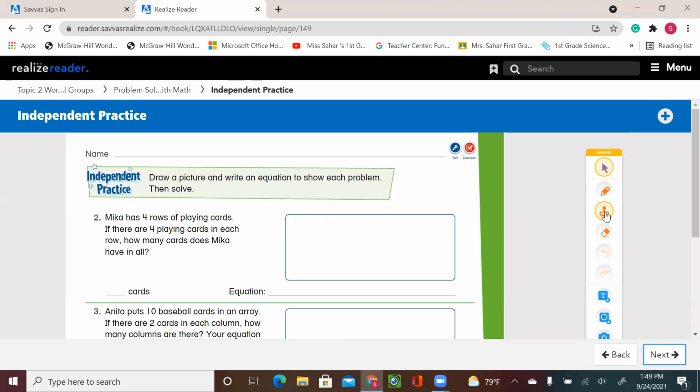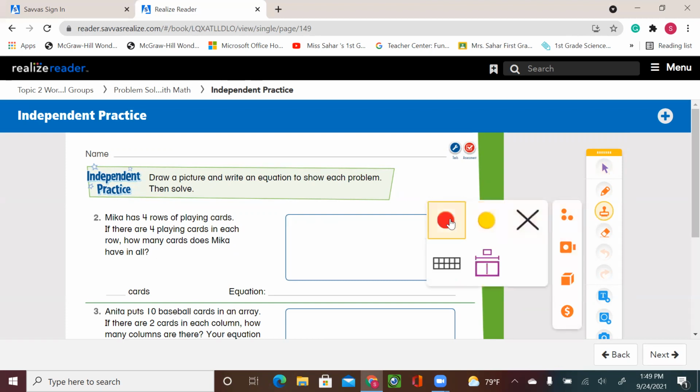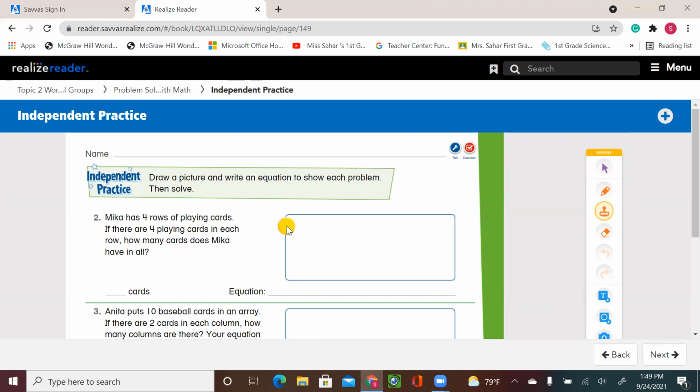So I'm gonna use my stamps. I need to do 4 rows. 1, 2, 3, 4, and each row has 4 cards. That means 4 dots in each. So now I have 4 and 4, right?